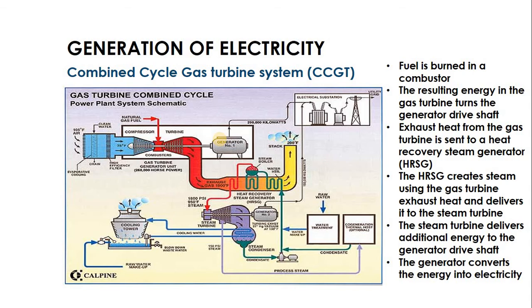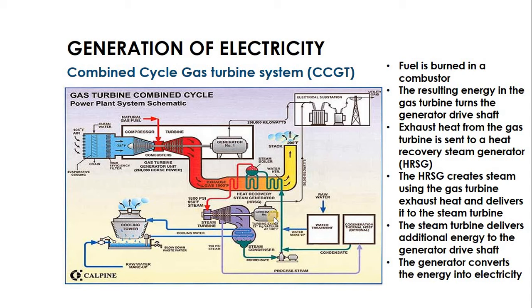This is a combined cycle gas turbine system, and if you look at the top here, you can see we have a gas turbine system coupled to generator 1. We also have a steam turbine coupled to generator 2.